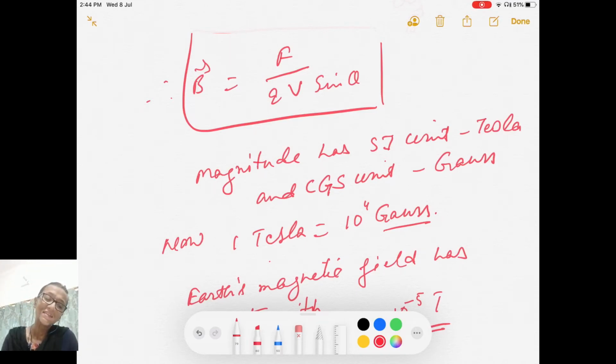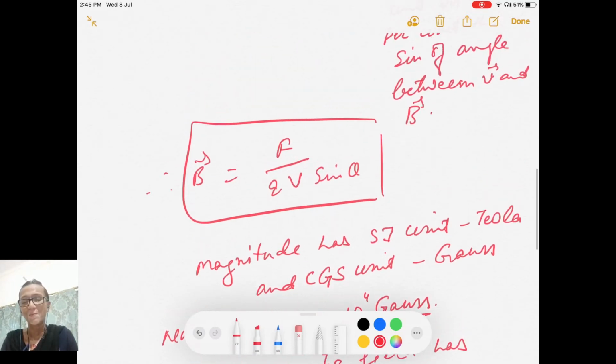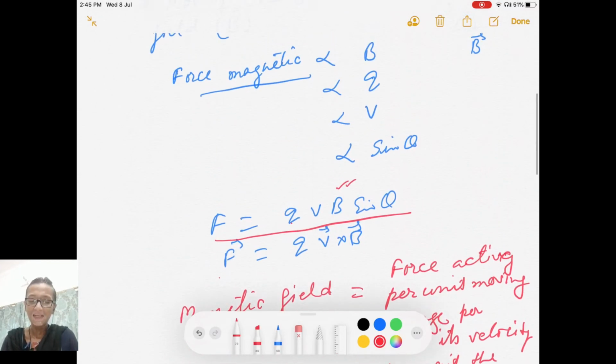Yes, it is some property of the space all around a magnet, due to which a force acts on any moving charge when placed there. So what is magnetic field? Magnetic field is equal to force acting per unit moving charge, and it also depends on its velocity, and on the sine of the angle between velocity and B itself.